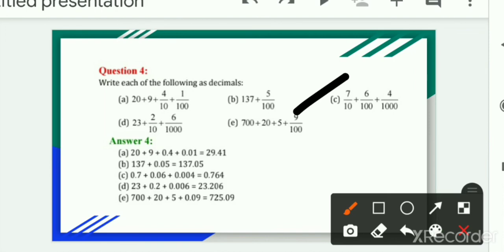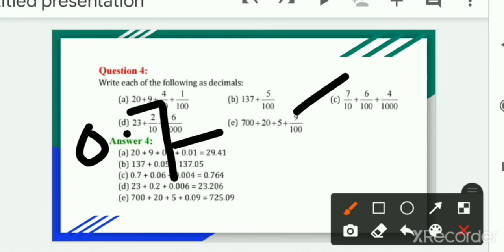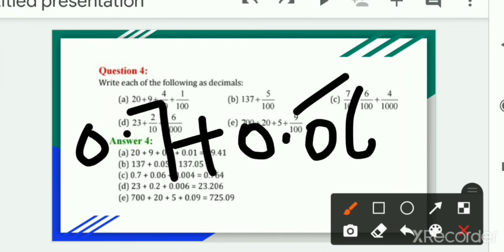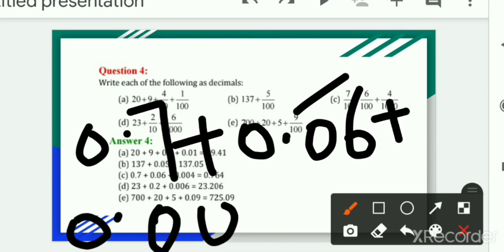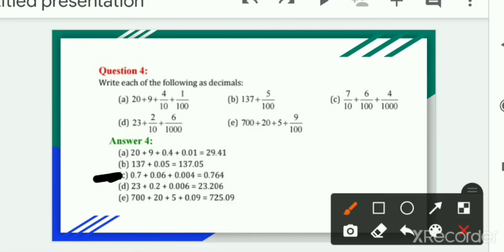Now moving to the C part, 7 upon 10 will become 0.7, plus 6 upon 100 will become 0.06, plus 0.004, right? Now we will add all these numbers, so we will get 0.764. How will you add?